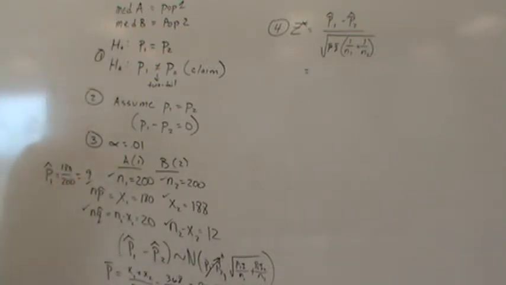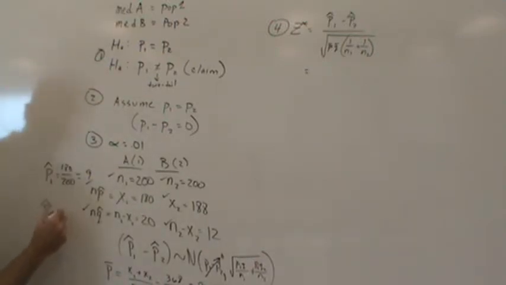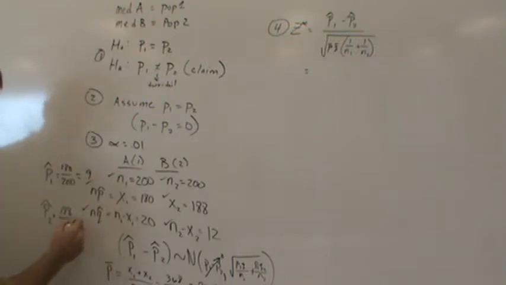Okay, so it's 180 divided by 200. Yeah, 0.9. Okay, and then p2 hat is going to be 188 over 200, which in this case is going to be 0.94. Okay, so there's my p hat and q hat.